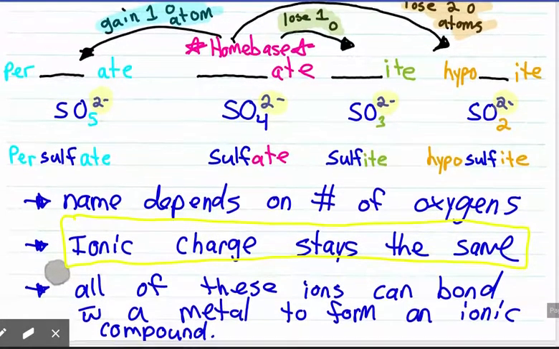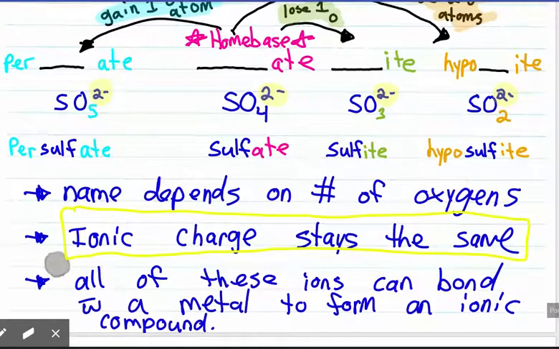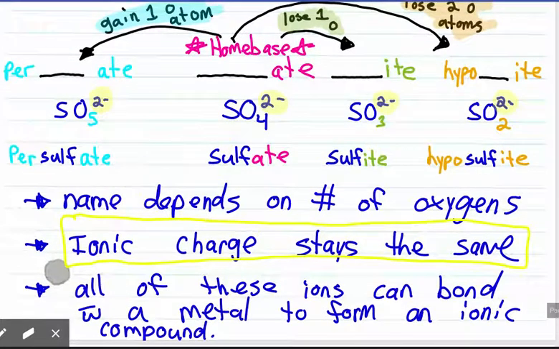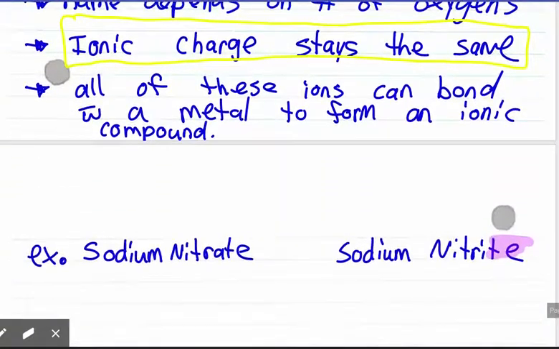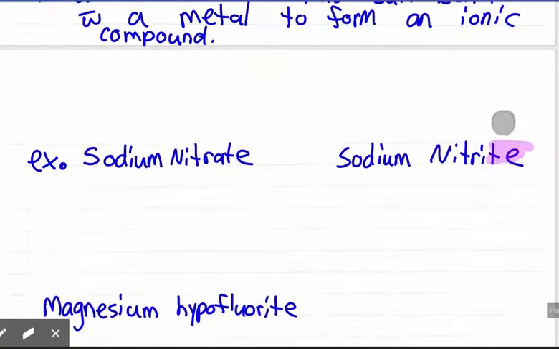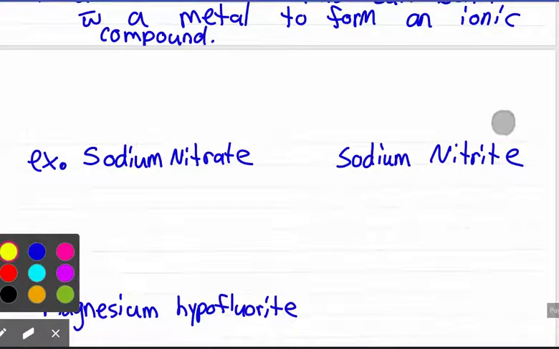So we're going to do a couple examples. Make sure you have hit pause and you have copied this down. The first example we're going to look at is just a plain polyatomic, one of the ates that we already know. We're going to give the formula for sodium nitrate.